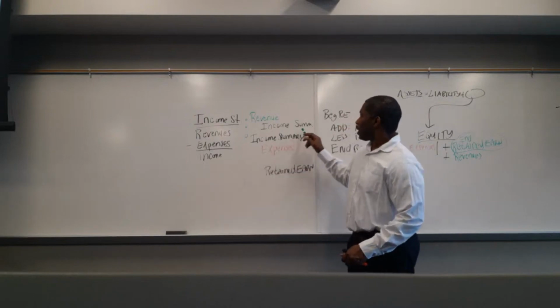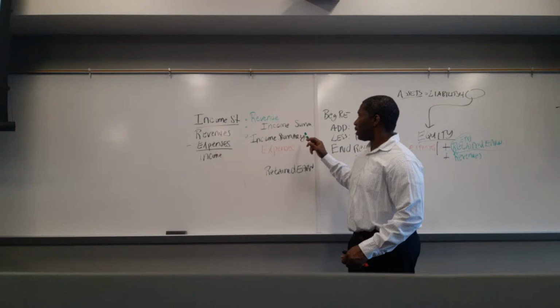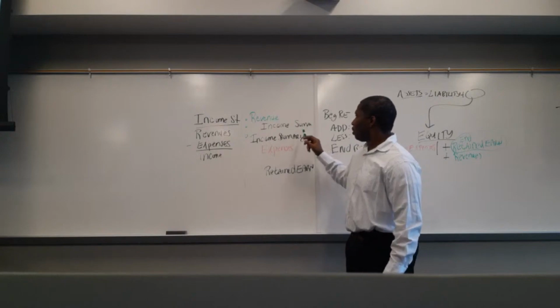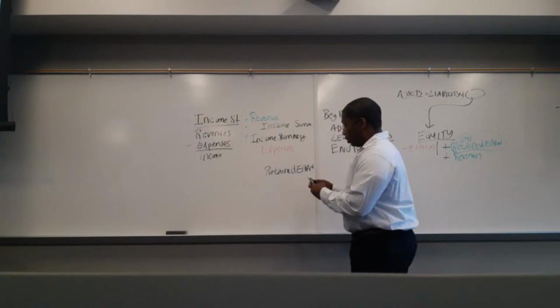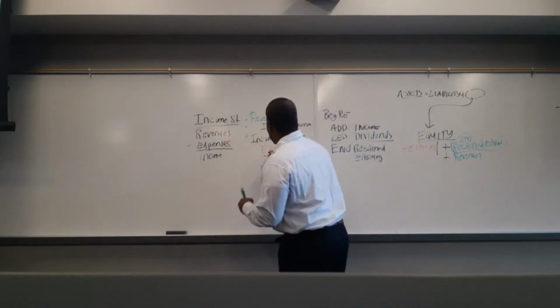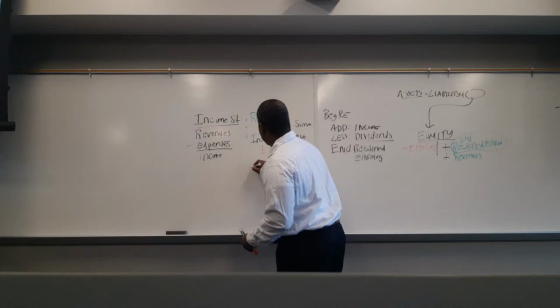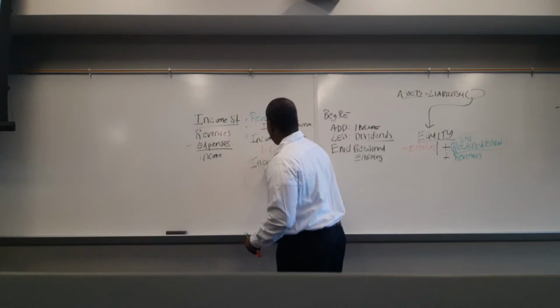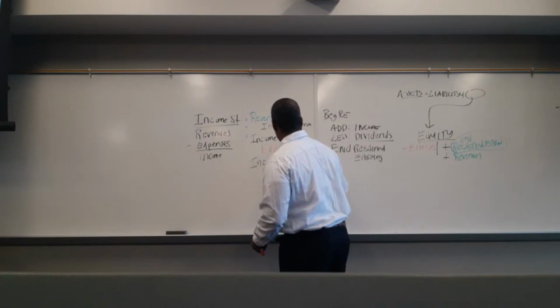Because if we think about it, we use just regular numbers. If we have more revenues than expenses, then we have to do the opposite, okay? So our income summary would be right here.